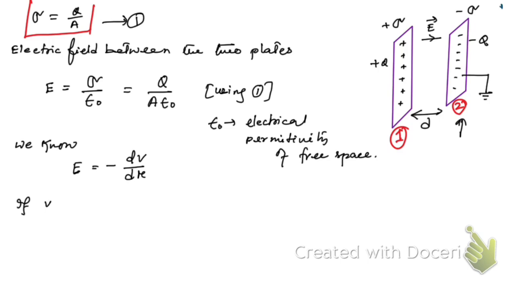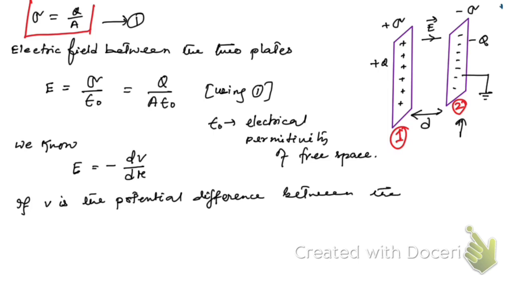If V is the potential difference between the two plates, then taking the magnitude only, we can ignore the negative sign. dV is equal to E into dr, where dr represents distance and dV is the potential difference.